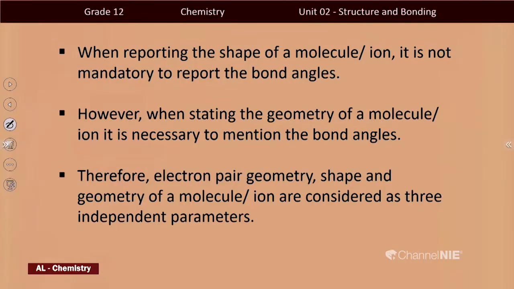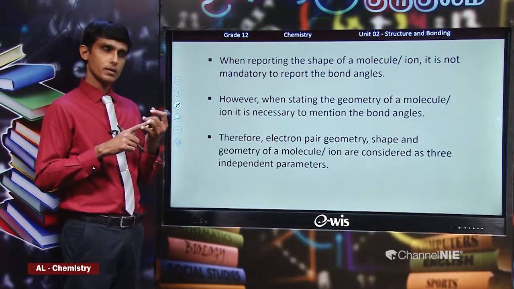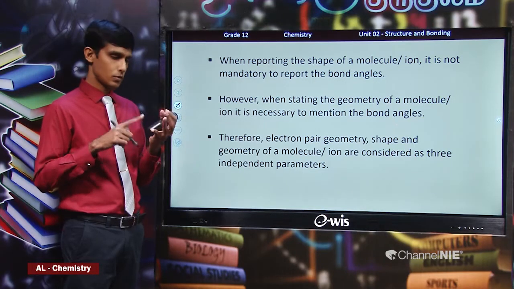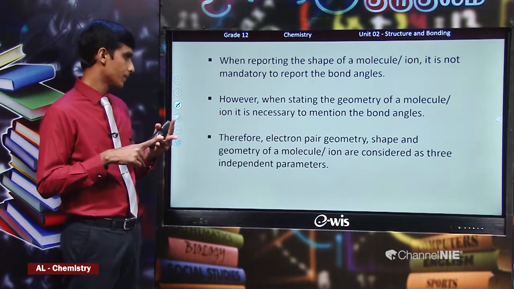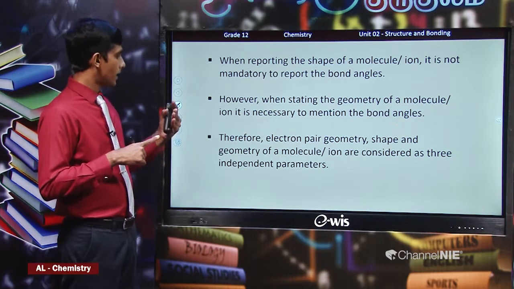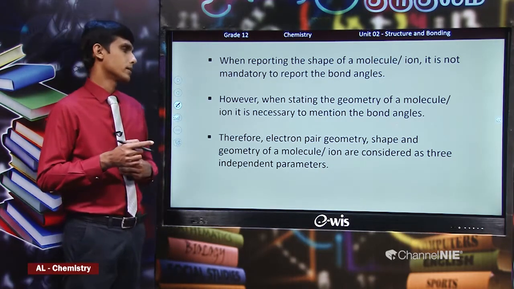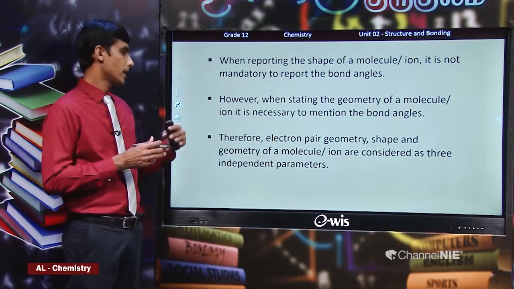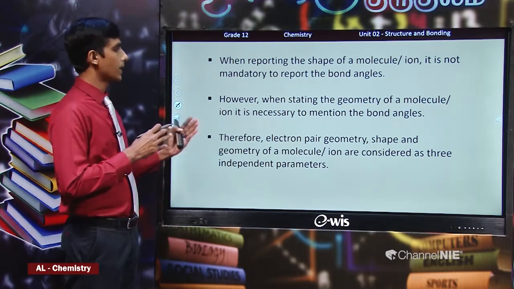When you give the shape of the molecule or ion, it is not necessary to give the bond angle, but when stating the geometry, it is necessary to mention the angle. Therefore, electron pair geometry, shape and geometry of a molecule or ion are three independent parameters.